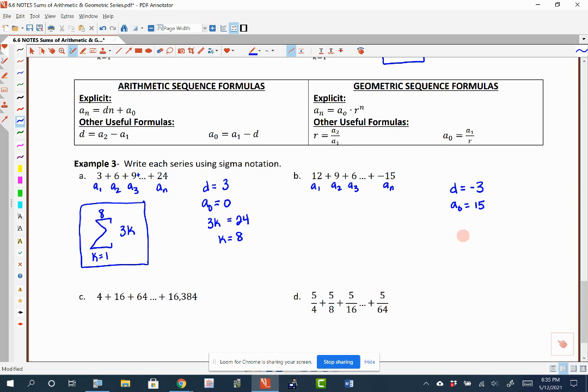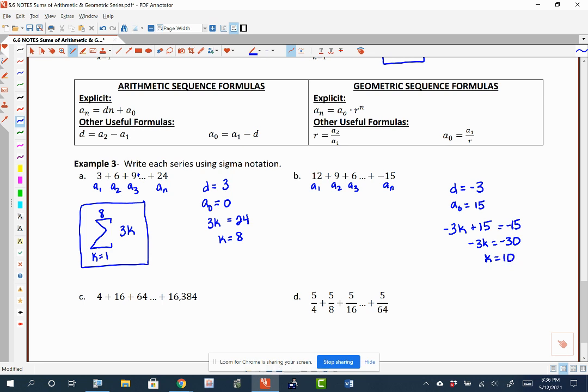Now I have enough information to write my equation to help me solve for K. So I have my rate of change and I have my intercept. And together, there's some value of K that's going to give me a negative 15. So this time, if I subtract 15 and divide by negative 3, I get a value of 10.